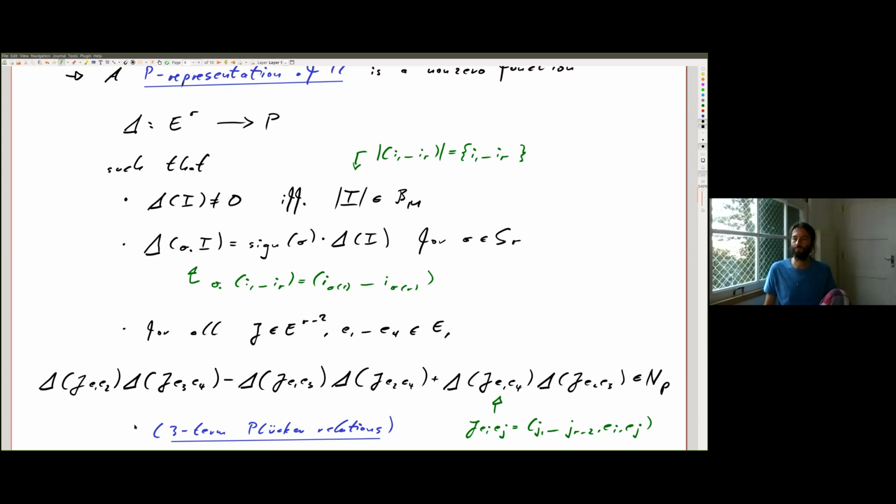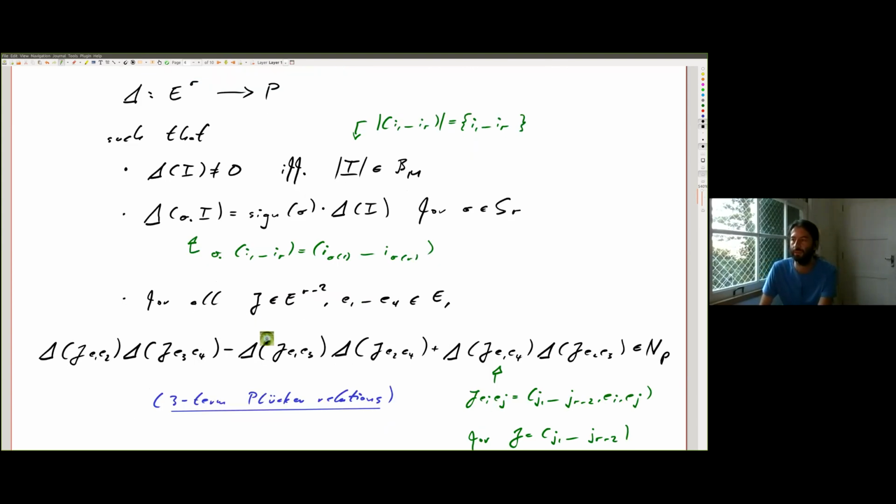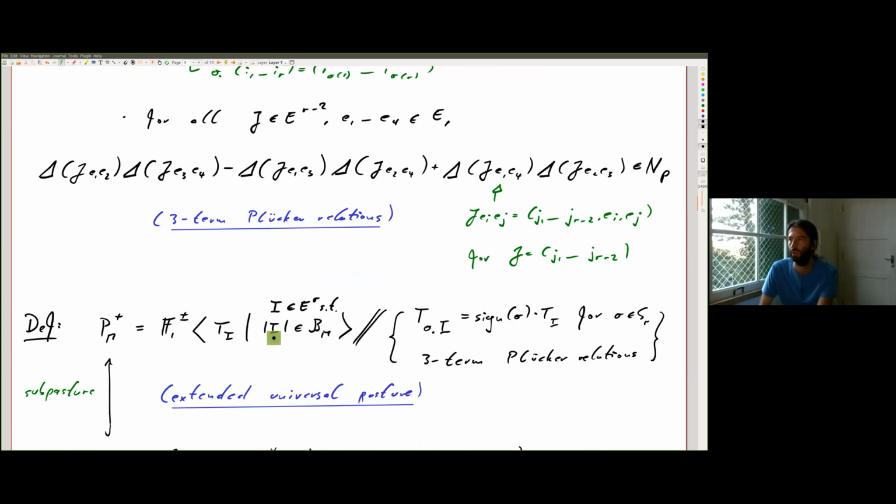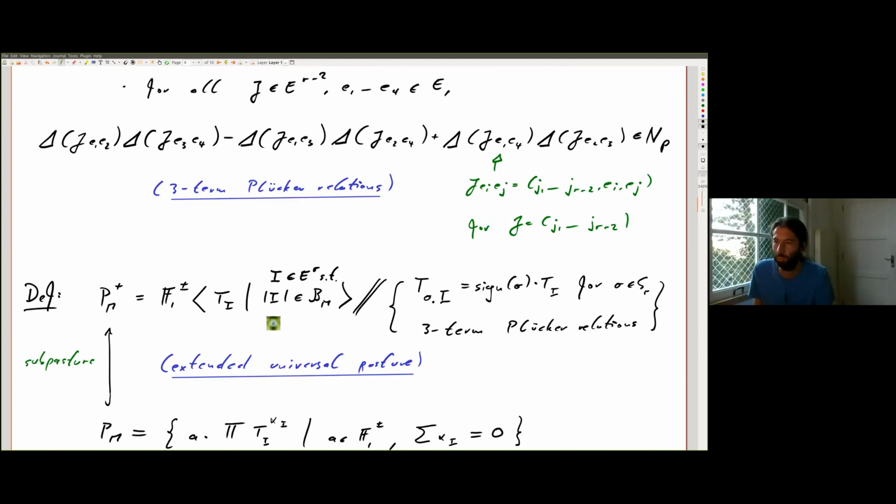Okay, this already lets us arrive at the definition of the foundation. First I define an auxiliary object, which is the extended universal pasture of M, which I denote by Pm plus.